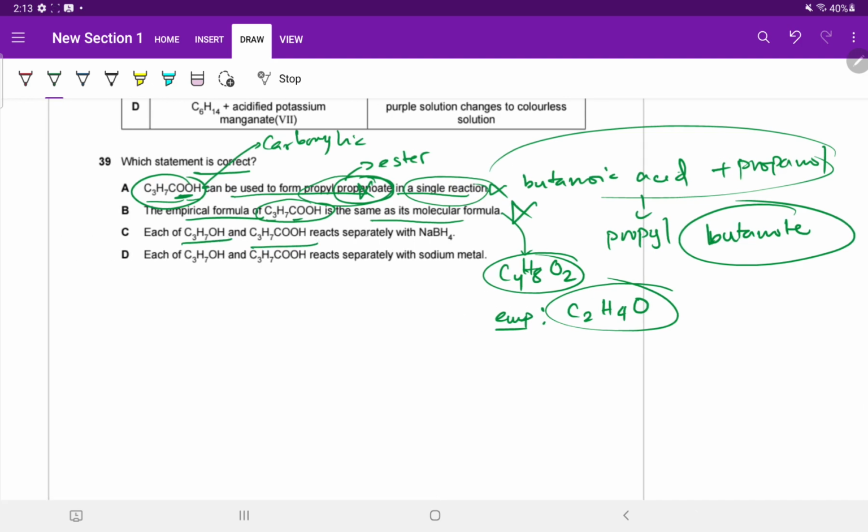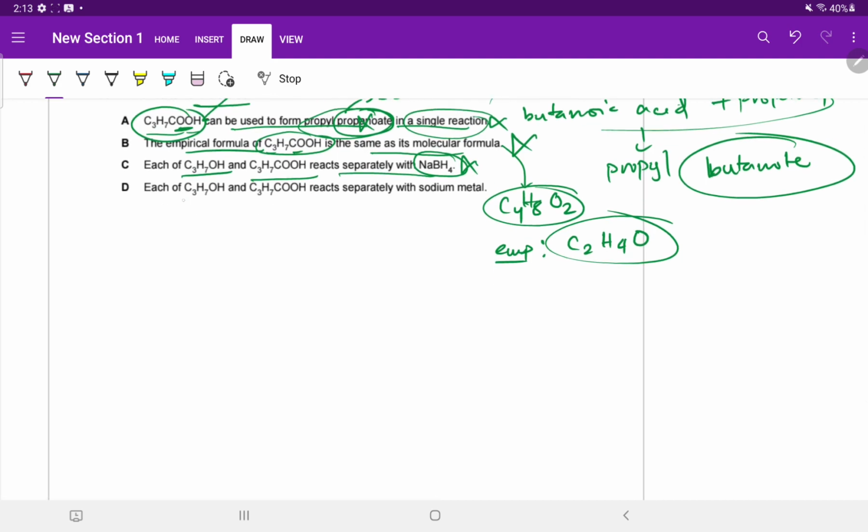C3H7OH and C3H7COOH react separately with sodium borohydride, NaBH4. No, they do not react with sodium borohydride, so that's wrong. Option D says C3H7OH and C3H7COOH react separately with sodium metal. This is true. Alcohol reacts with sodium metal to form a metal alkoxide and hydrogen gas. The carboxylic acid reacts like an acid: acid plus metal will form a salt and hydrogen gas.